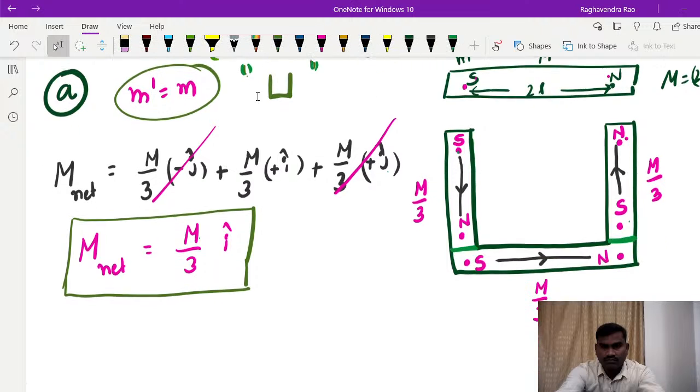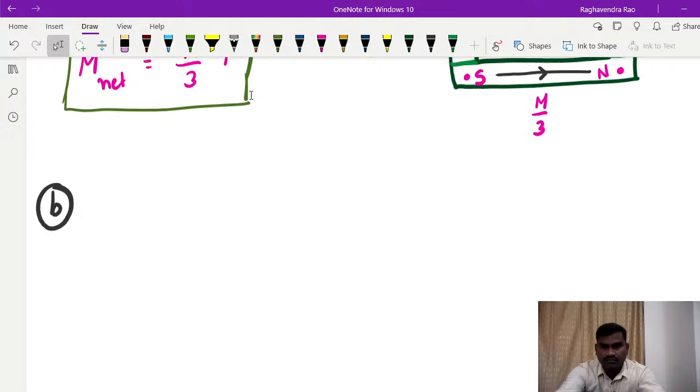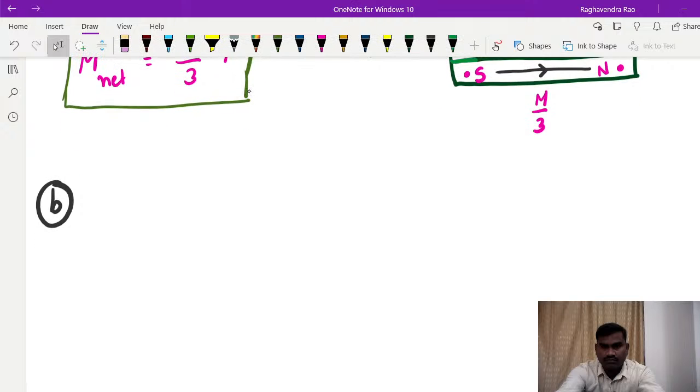Okay. Next, point B. Now a magnetic dipole is bent in the form of a shape S, or simply the shape like this.